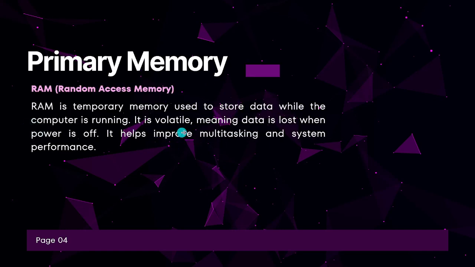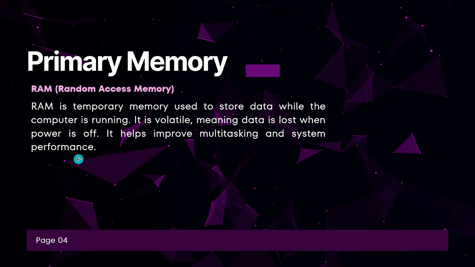So RAM is only for storing data while the computer is running. So when we turn off the computer or the power, we'll lose the data that the RAM is processing. It helps improve the system performance.